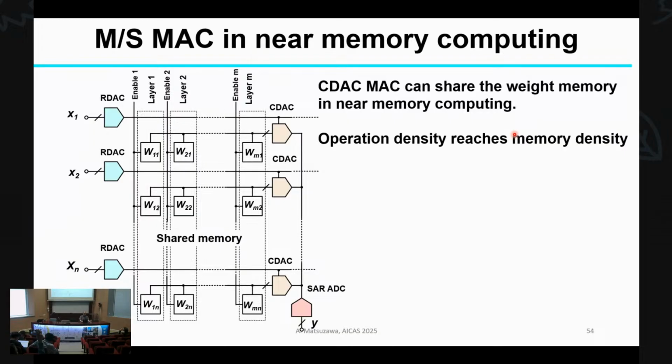So in future, we would like to combine this method with advanced converters, in-memory and near-memory computing.